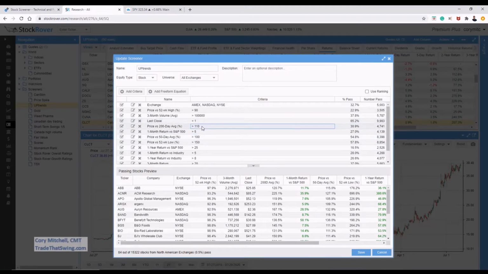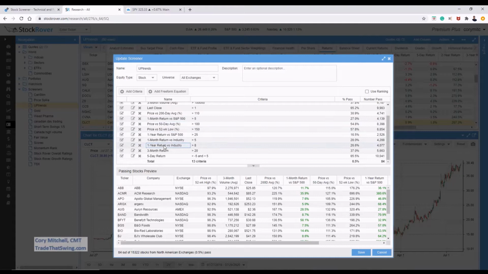Last close greater than $1, and greater than 110% of the 200-day moving average means it's at least 10% above its 200-day moving average, because 100% would mean it's right on its 200-day moving average. So we want to find stocks that are well above their 200-day moving average.